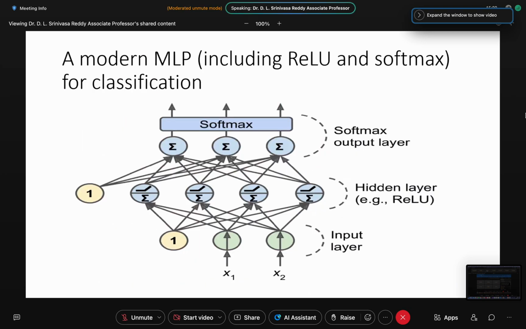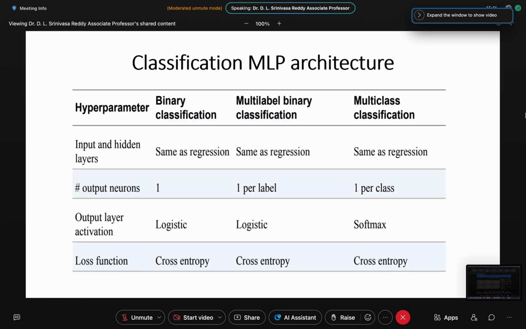This is the structure we have already seen. Suppose you want to build a classification deep learning or MLP architecture, you should use these hyperparameters: the input and hidden layers, how many, the output neurons, the output layer activation function, and the loss function. For the loss function we use RMSE and MSE for a regression network.